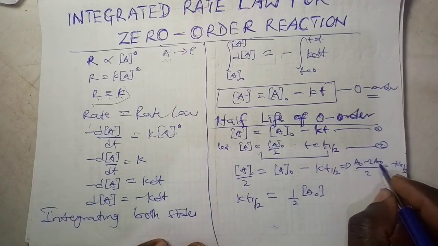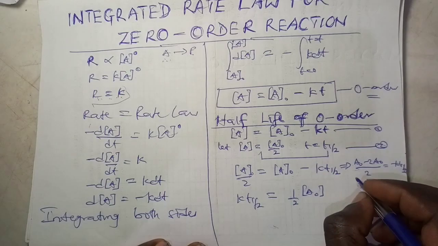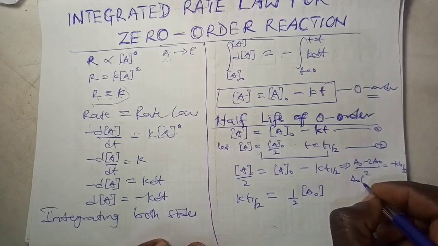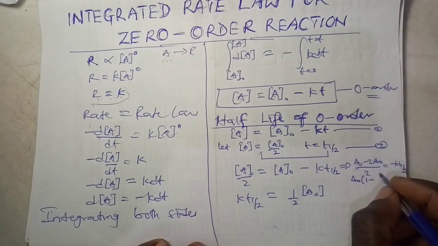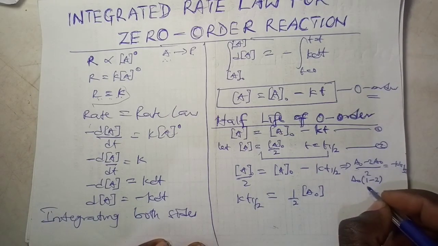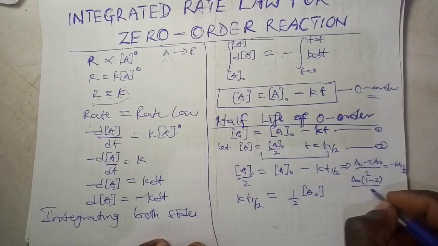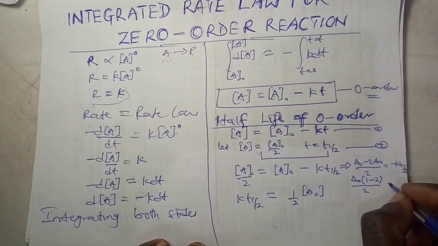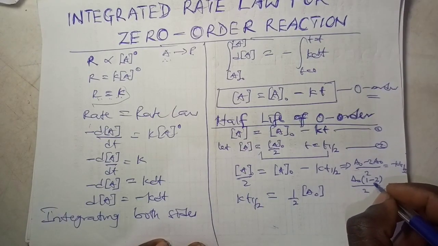And if you factorize it out, you have A naught into bracket 1 minus 2, over 2. And then 1 minus 2 will give you minus 1.